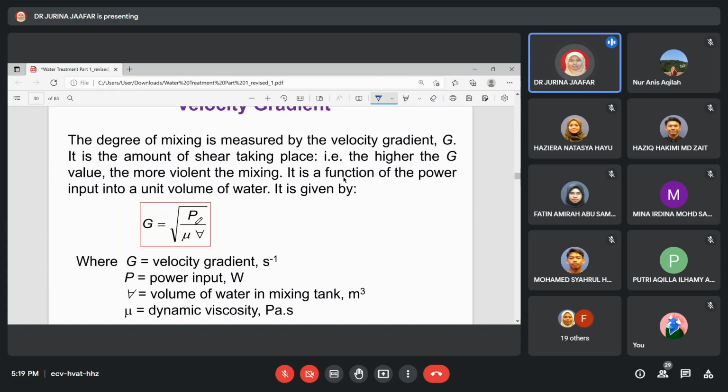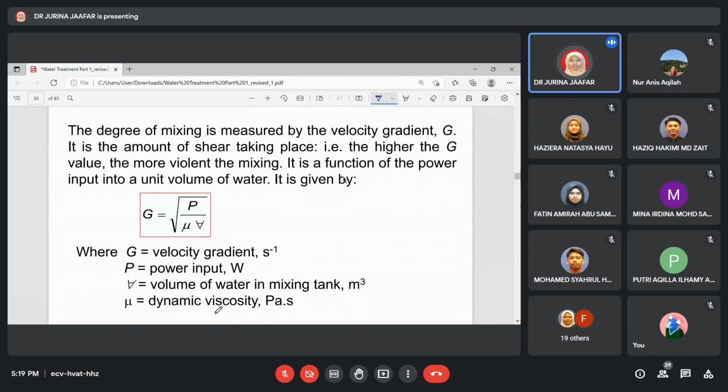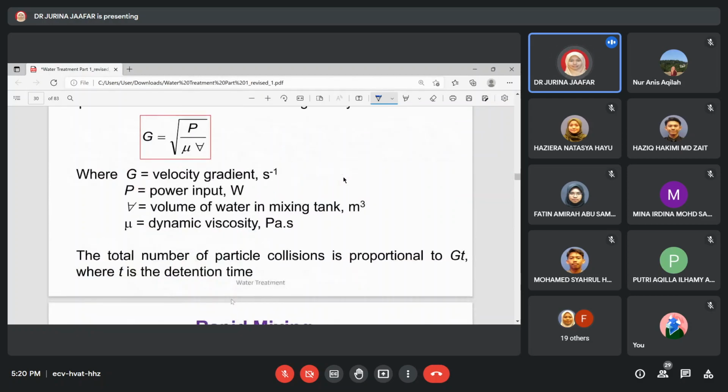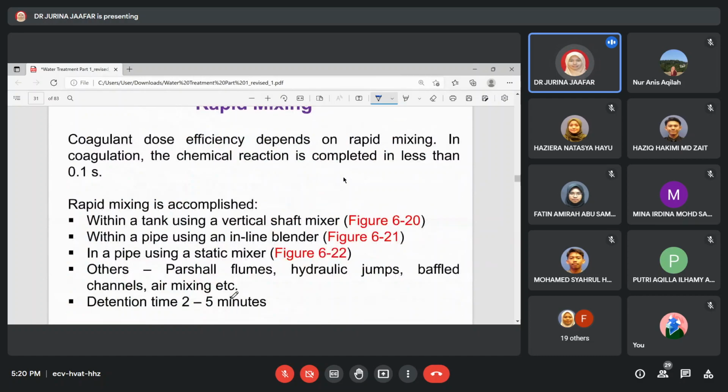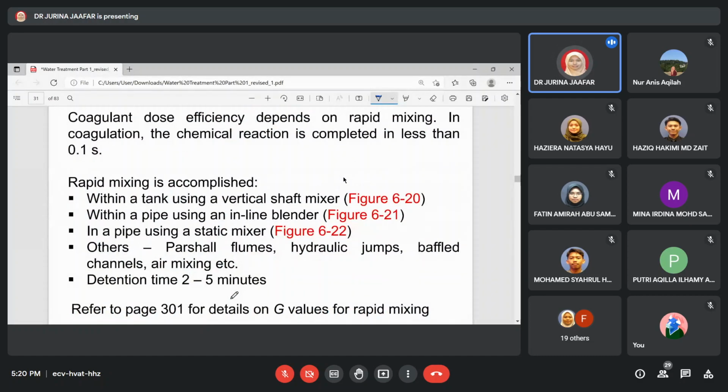Then you can see that of course the power input tu, maksudnya dia ada keperluan lah di situ. Okay, so here we ensure that we have a stable and consistent technique of mixing. Then pada sini kita ada beberapa rapid mixing, the type of the rapid mixing.